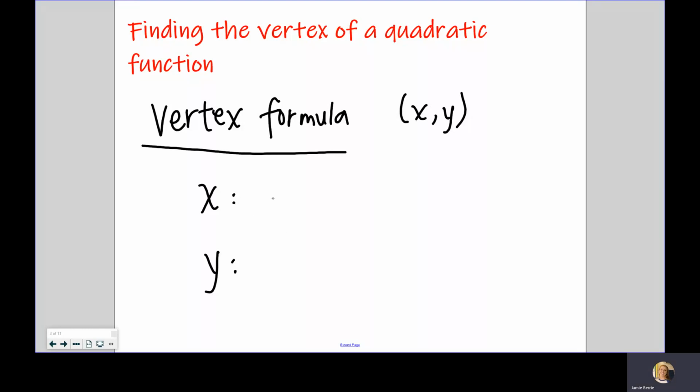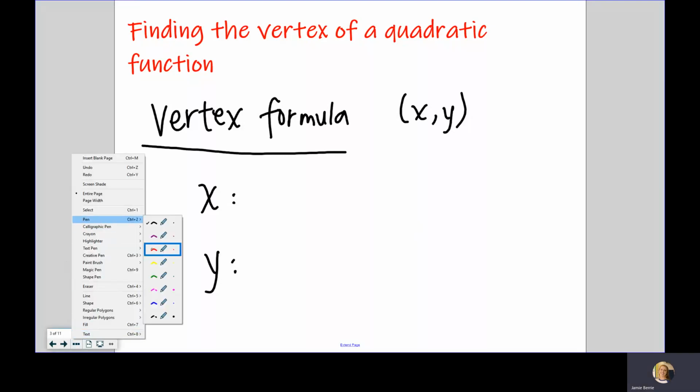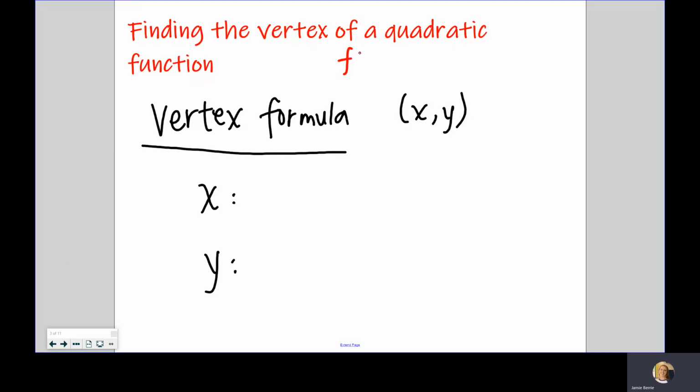To find the x coordinate, it's pretty simple. You look at your function, which has the form f of x equals ax squared plus bx plus c, and the x coordinate is negative b over 2a. You take the value of b, negate it, then divide by 2 times whatever the value of a is.